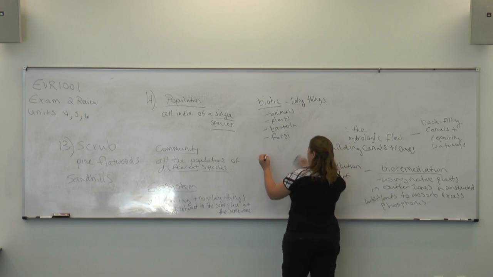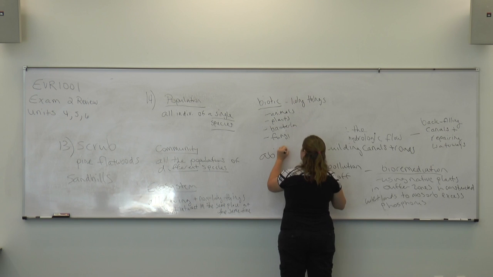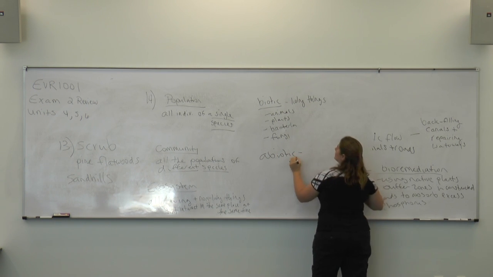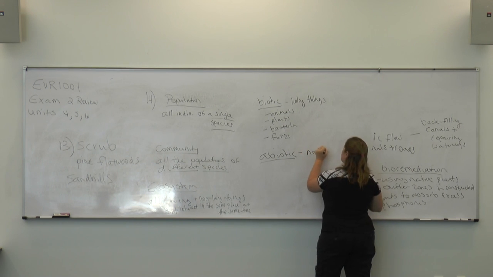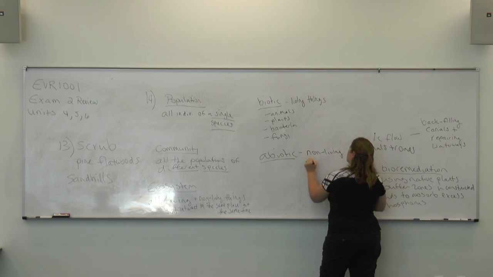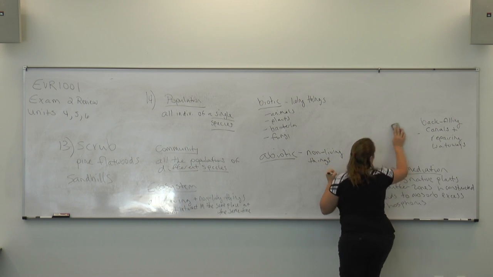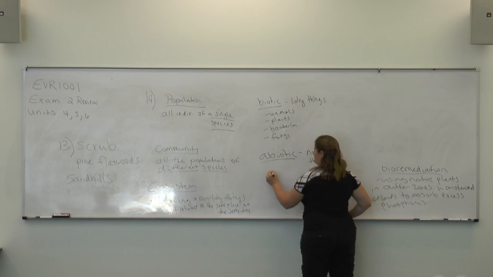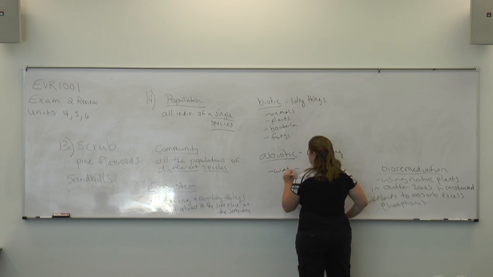And then abiotic factors are what? Non-living things. So what are some examples of non-living things? Water. Minerals.